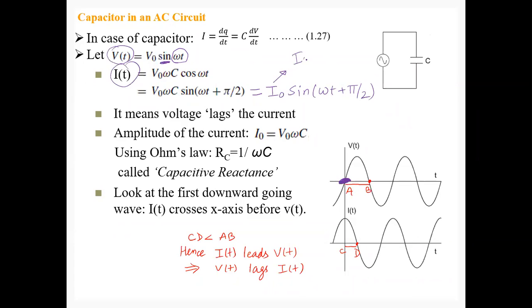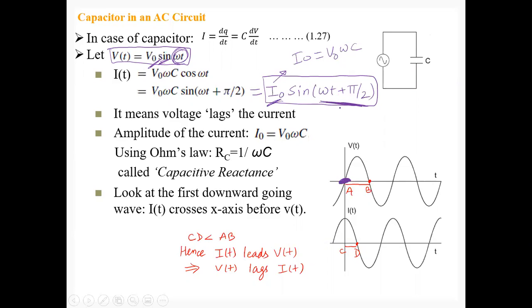I0 is this guy here, V0 omega C. That's your I0. Okay. Now these two guys are similar. This guy and this guy. So V0 is I0, and the sine argument is omega t here. The argument is omega t plus pi over 2.